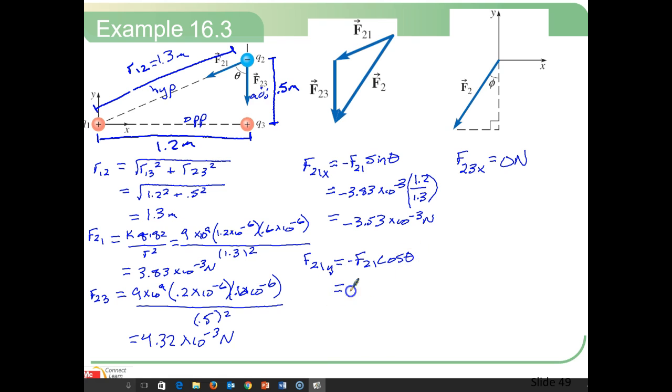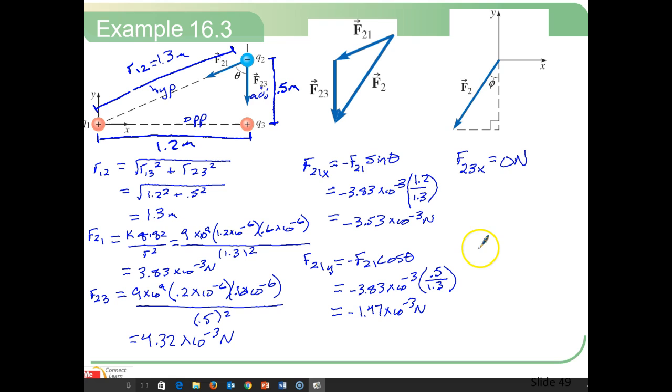We said that this was negative 3.83 times 10 to the negative third. Then we need to put in our distances. This is 0.5, and the bottom one is 1.3. So we've got this side, and then our 1.3, which is this side. Once we do that, we end up with an answer of negative 1.47 times 10 to the negative third newtons.